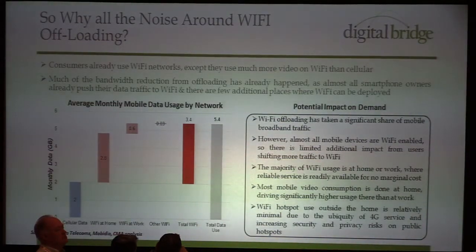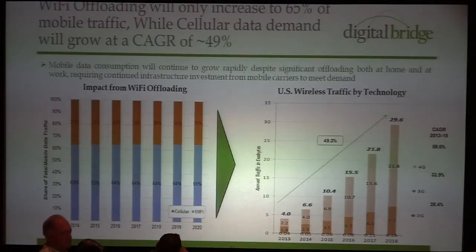And then other Wi-Fi, which is probably Gogo or wherever you go, or if you're at a Starbucks hotspot or something like that. This is the consumer pattern right now, today. This isn't going to change that much. Your user experience is not going to change. But for some odd reason, everyone thinks Wi-Fi is the great disruptor. That's what Google would all like us to believe, because then they don't have to buy spectrum. But Wi-Fi offloading will only increase to 65% of mobile traffic.